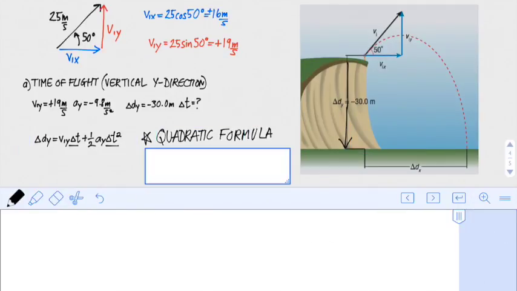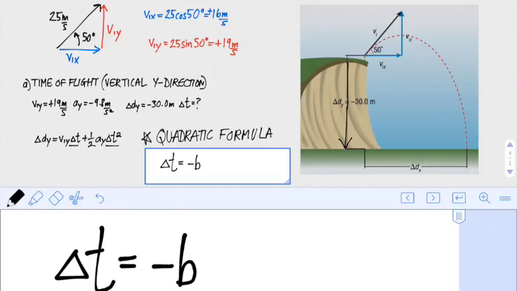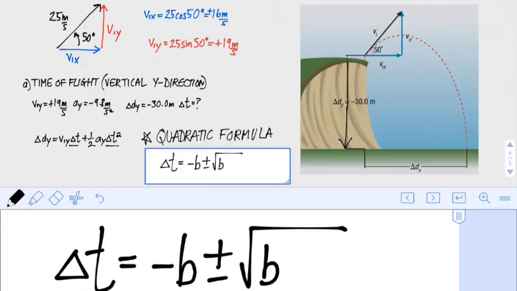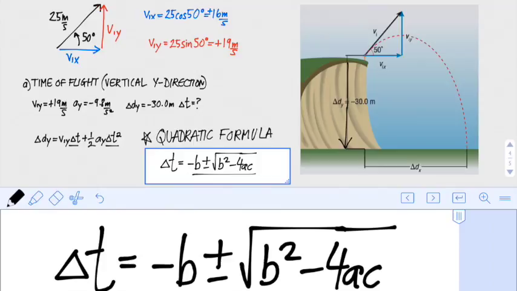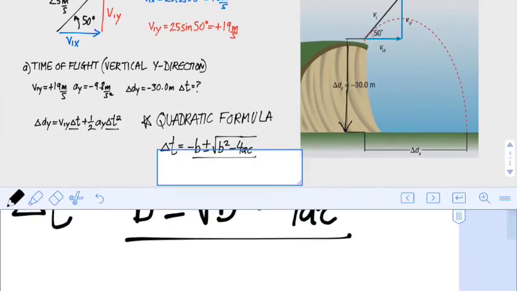The quadratic formula, using the variables in this question, would be delta t is equal to negative b plus or minus the square root of b squared minus 4ac all over 2a.